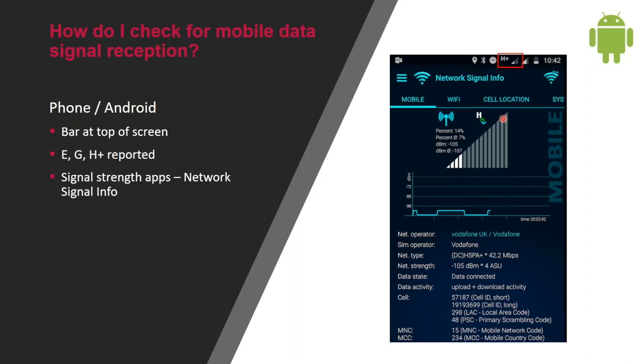We've of course got our familiar symbols at the top of the mobile screen, but we've also got apps such as network signal info that you can install on an Android device, and that will give you more detail about the data connection status and the signal strength that you're currently picking up. Right, so that's the 3 main operating systems covered, which touch on access, or in the last case, the Catalyst service.